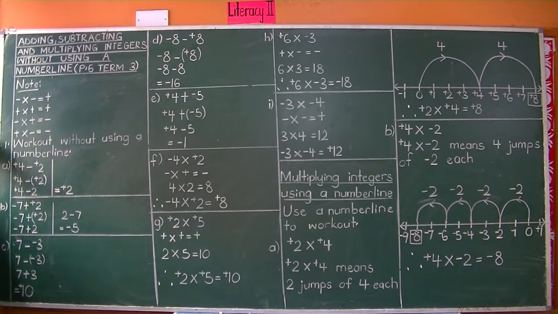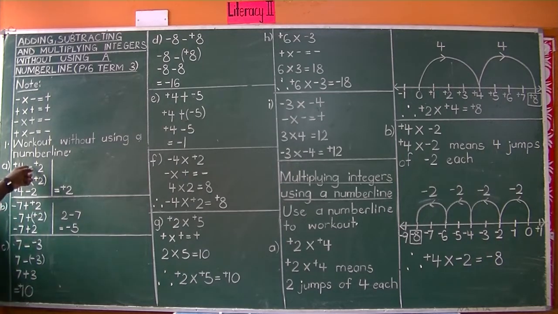Now we start the first example. It says work out without using a number line. The first one is the subtraction here. That is positive 4 minus positive 2. You must ensure to put one sign in between the two numbers in order to add or subtract integers.